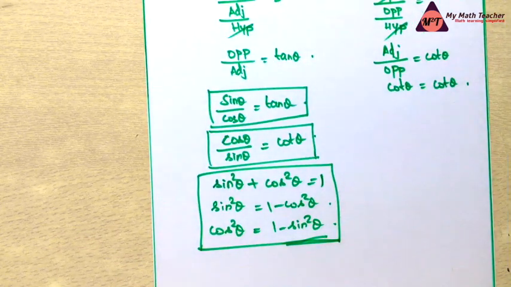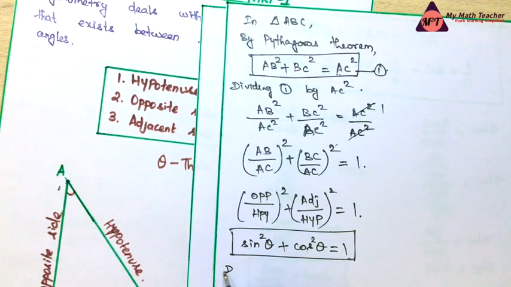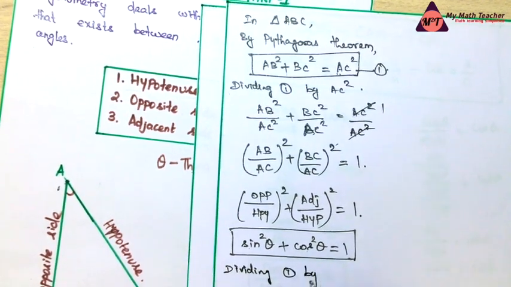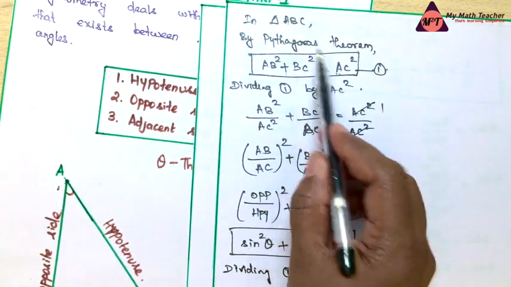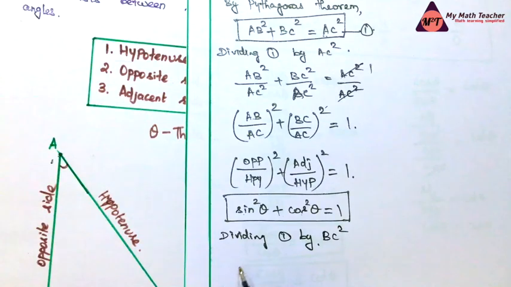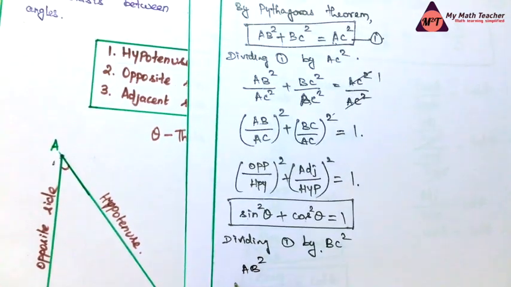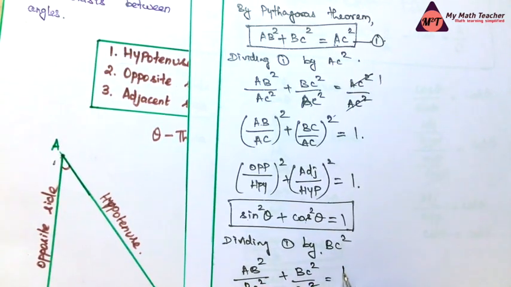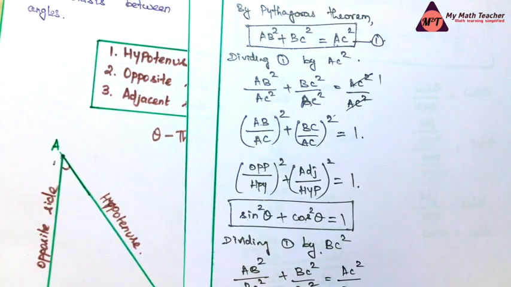Now the second. Now I am going to divide this equation by BC square. So how to divide? AB square by BC square plus BC square by BC square is equal to AC square by BC square.